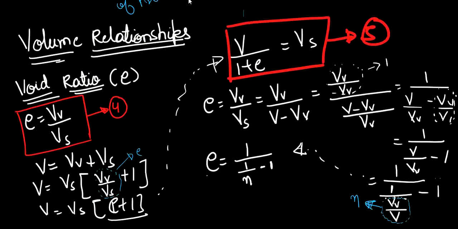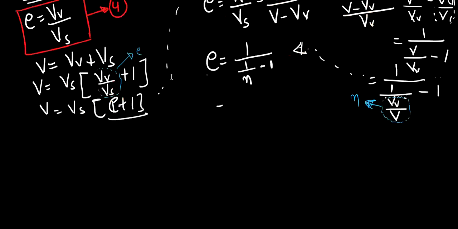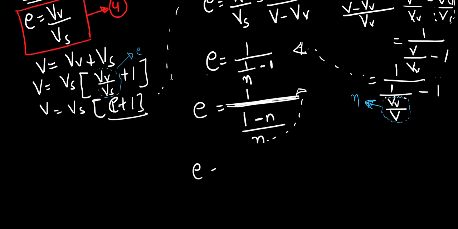Now if I take the LCM over here, E is equals to 1 minus N upon N. Now this thing will shift to the numerator, so E equals to N upon 1 minus N.